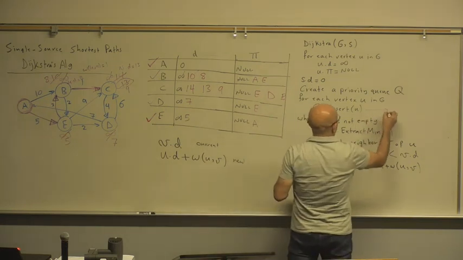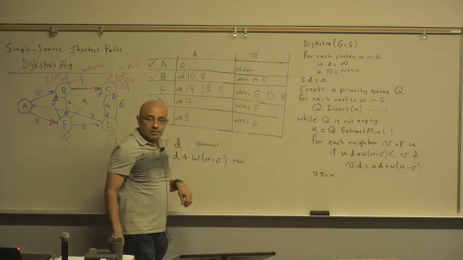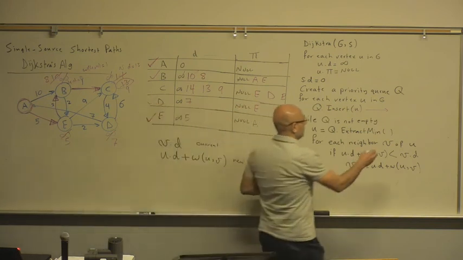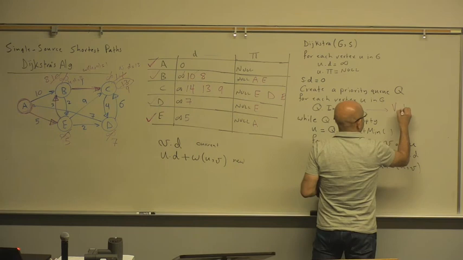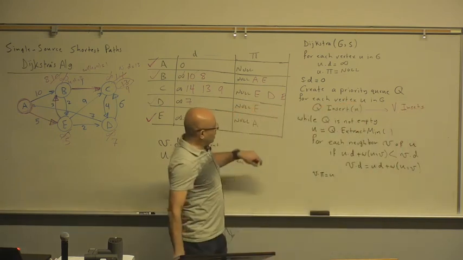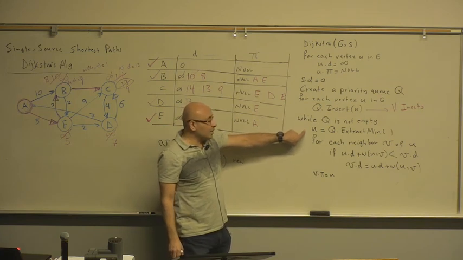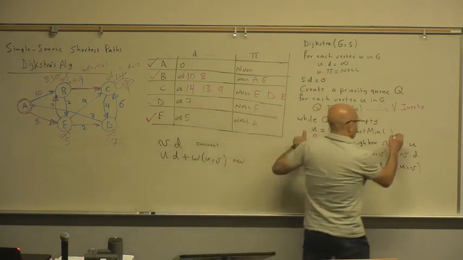On this line we have inserts. So how many inserts will we be doing? V inserts. And how many extractions? How many times will each vertex get extracted? Once. So then we have V extracts.